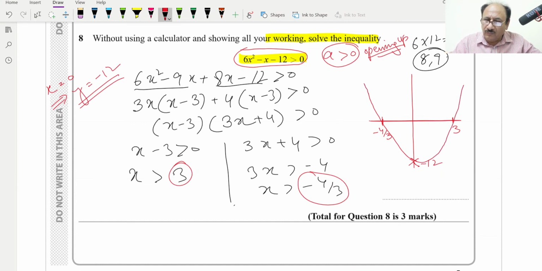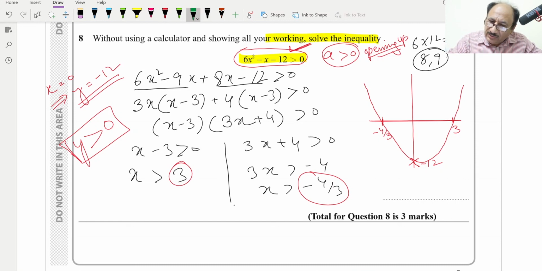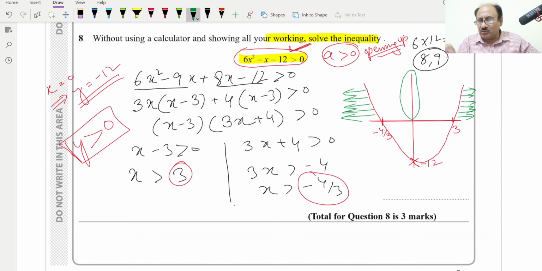Now our y value should be greater than this equation. The question shows that y is greater than 0. Y greater than 0 is the upper portion of the graph, right? So this side will be the upper portion and this side will be the upper portion, meaning the y value will be positive on these two sides.